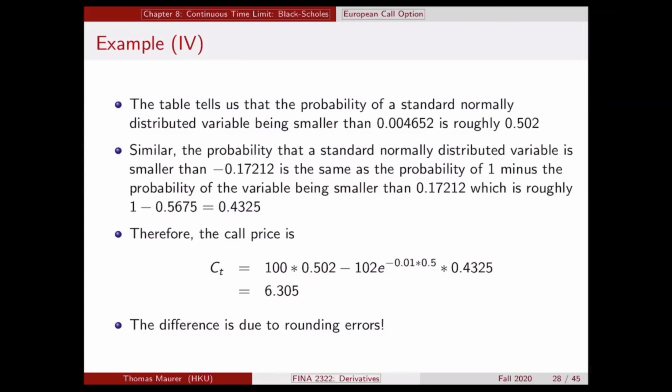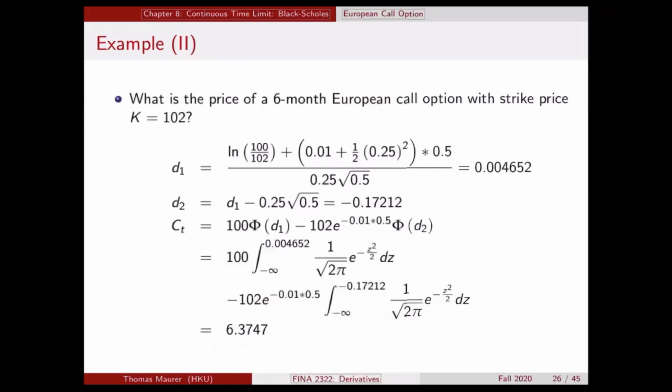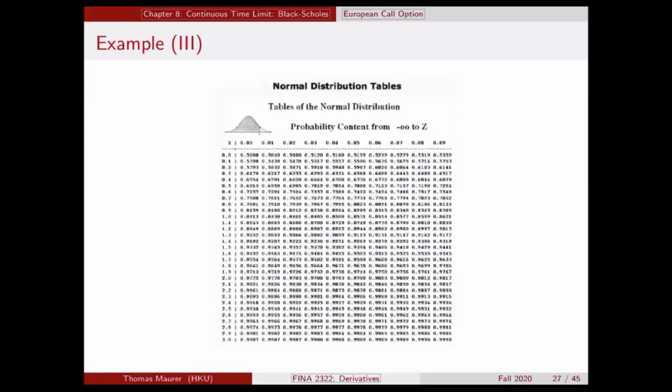We multiply that again by the current price of the underlying asset. Now, this phi of D2, that is the probability of a standard normally distributed variable being less than minus 0.17212. So let's just round it to minus 0.172. Again, if you go to this table, you don't see any negative values.